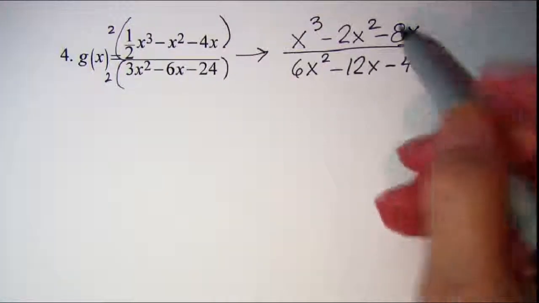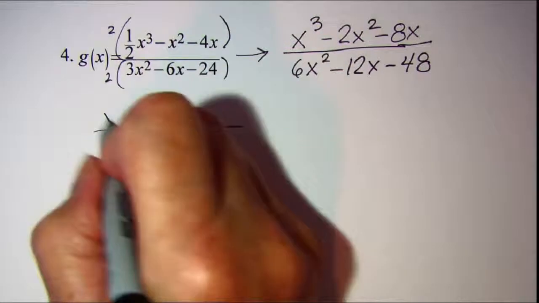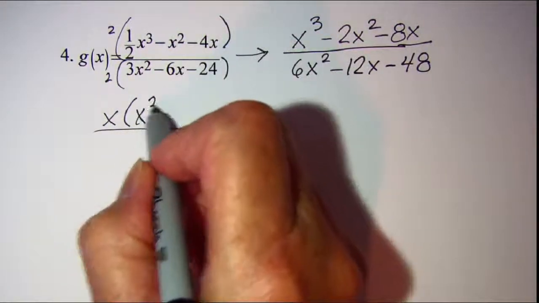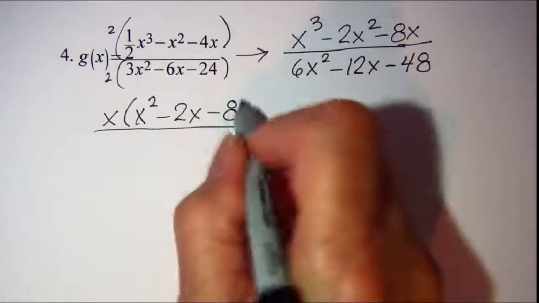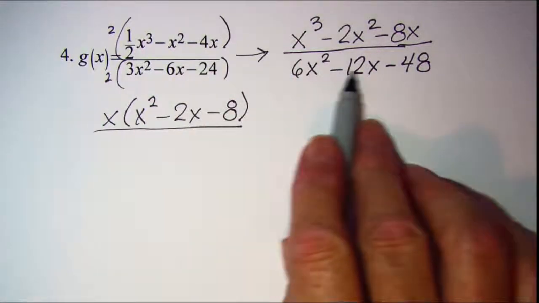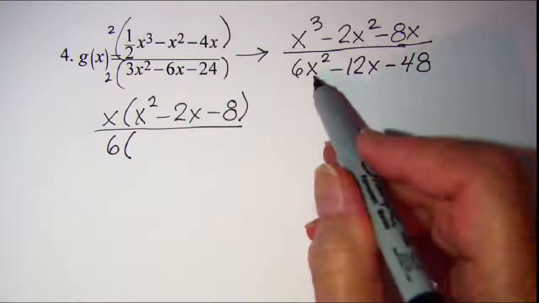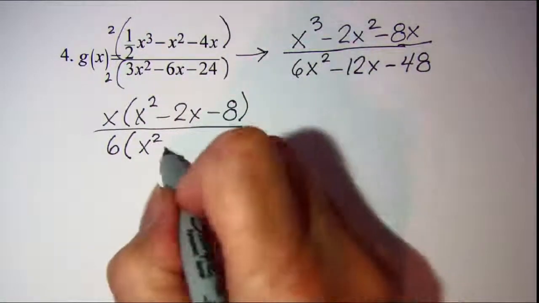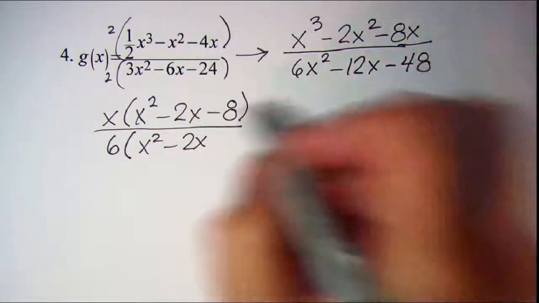All right. Let's pull an x out of the top, and I'll be left with x squared minus 2x minus 8. And then in the bottom, let's factor out a 6, and I'll have x squared minus 2x minus 8.